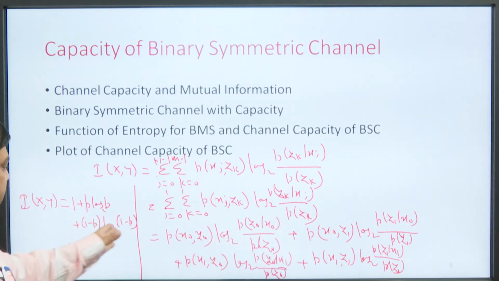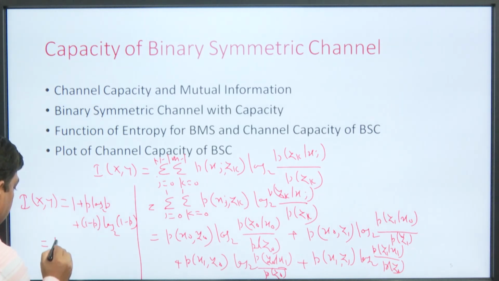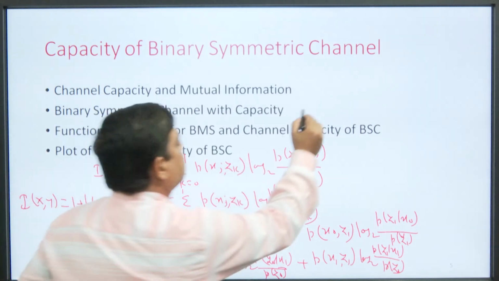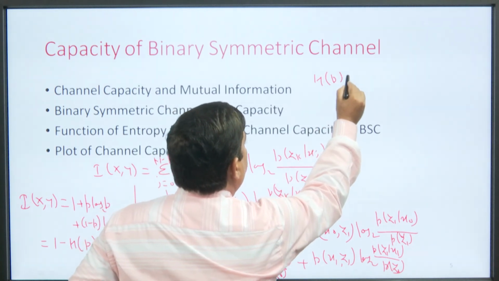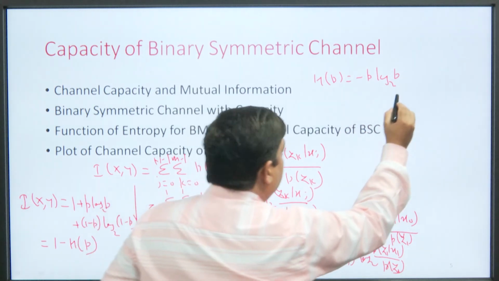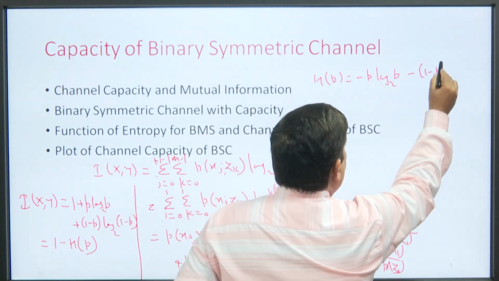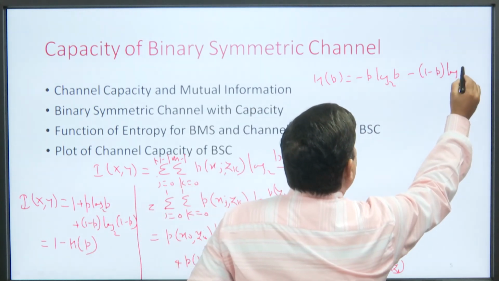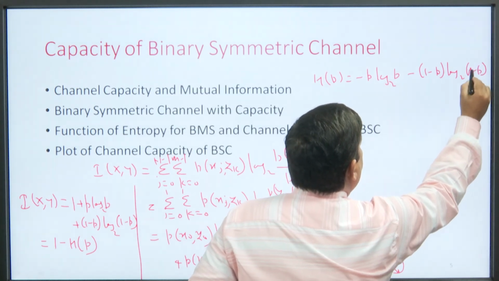This I(X;Y) can be interpreted as 1 minus H(p). Here H(p) is nothing but minus p log base 2 p minus (1 minus p) log base 2 (1 minus p).